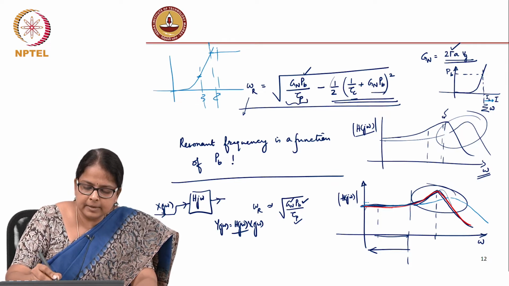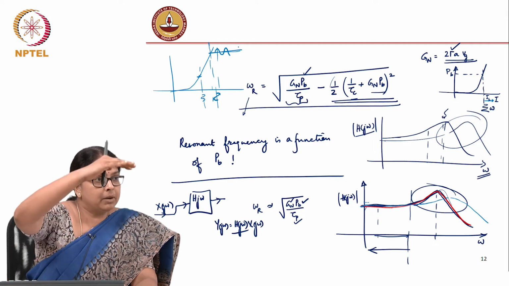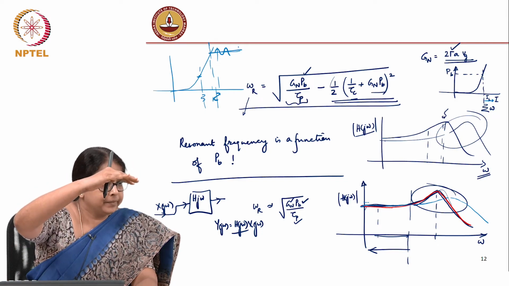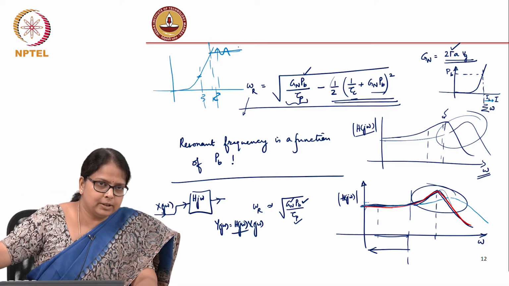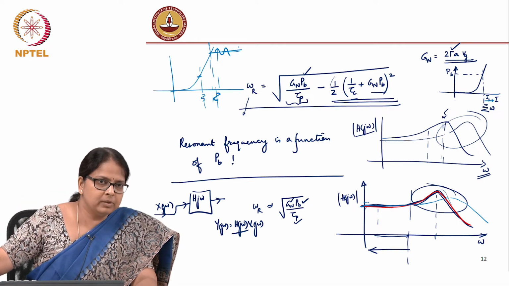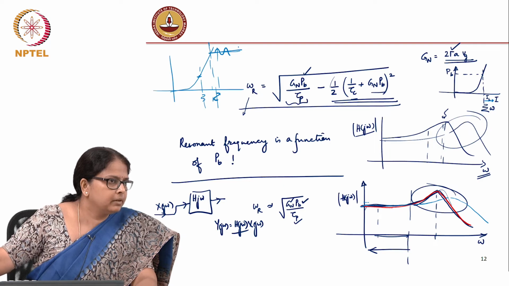This is my high, let us say this is my low. So, when your current goes high and low, your output power goes high and low, but my overall average power in the system will start increasing. Now, that may be good, that may be bad, depending on what your situation is, but this is a consequence of that. Okay.